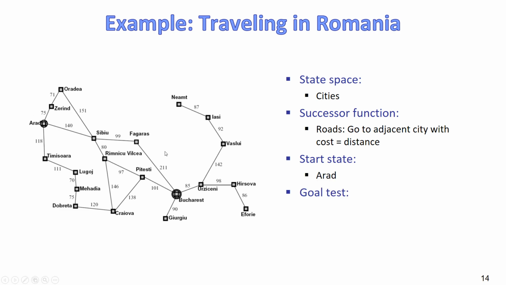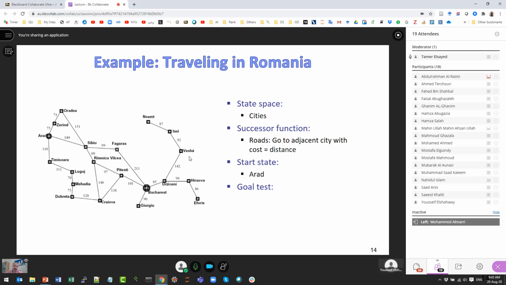And the goal test, what will be the goal test here? Any idea? Bucharest. That's the test. What is the test? So Bucharest is the goal state. But what is the goal test?